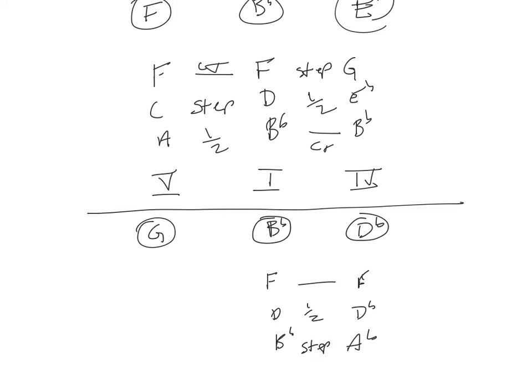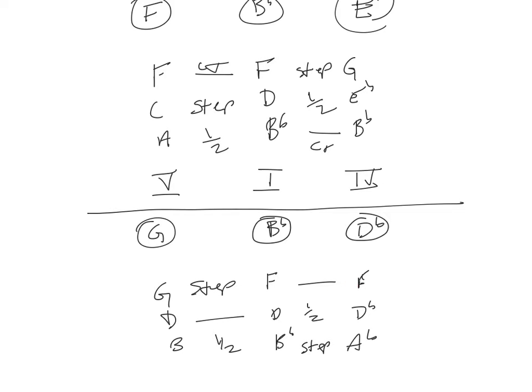The same could be said if we went a minor third down to G, B, D. We can have a common tone D, and a G, and a B, and we would have a step motion and a half step motion.